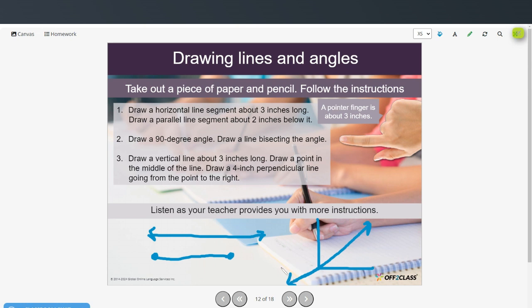And draw a vertical line about 3 inches long. Draw a point in the middle of the line. Draw a 4-inch perpendicular line going from the point to the right. And I ran out of room, but that would go farther this way.